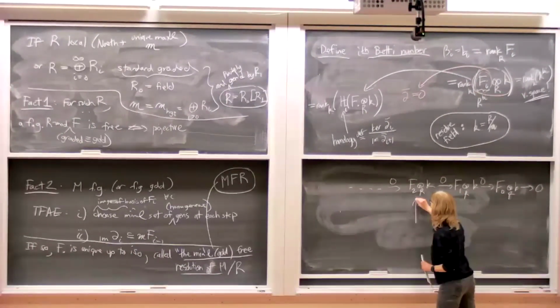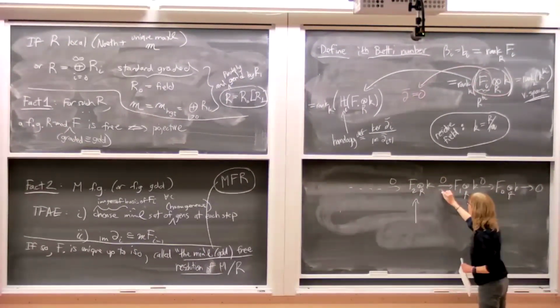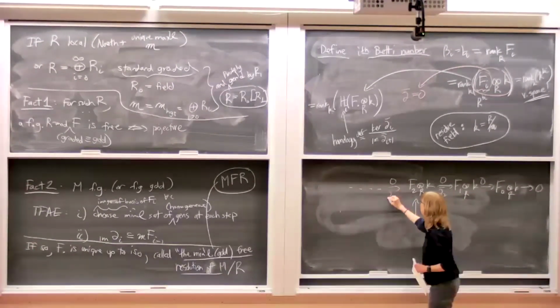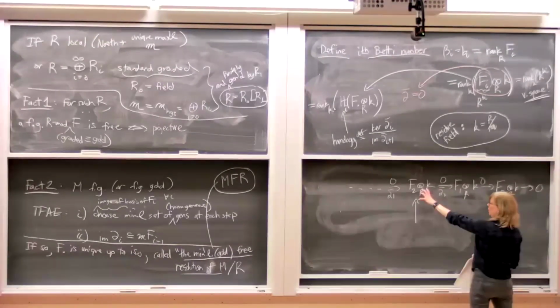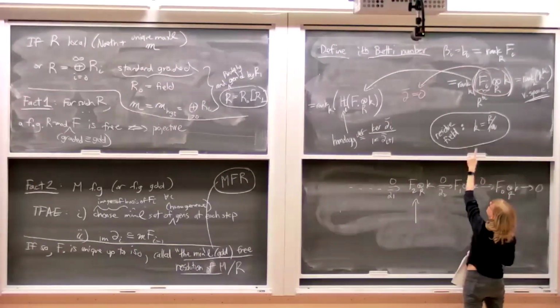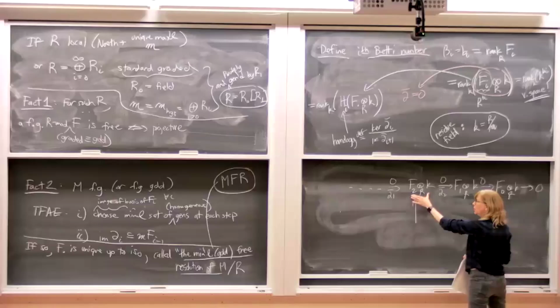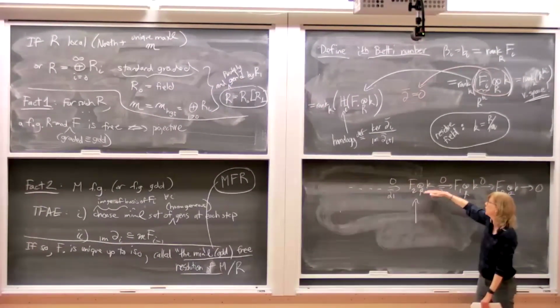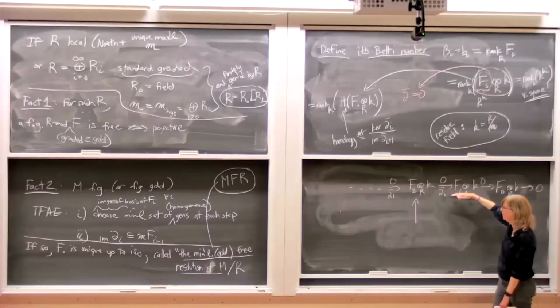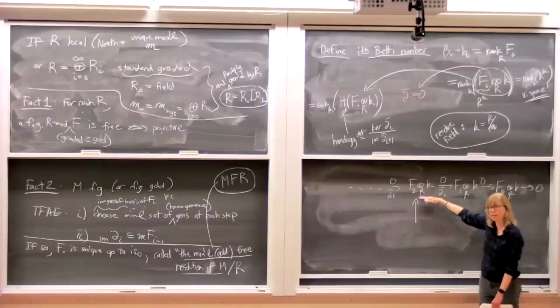So wherever you are standing, this is differential 2 bar. This is differential 1 bar. They're all 0. So we know that the Betti number is the rank of this module, but it's also the same as the homology here. What is the homology standing here? It's the kernel of the next map. The next map is the 0 map. So everything is in the kernel. Everything goes to 0.